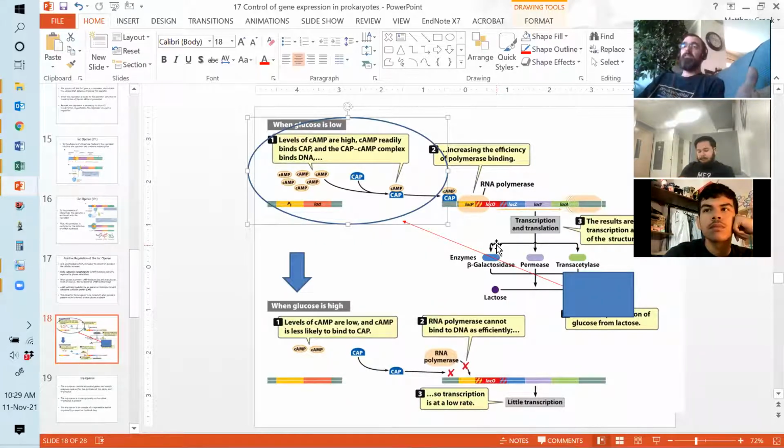This whole slide, this whole process isn't going to happen, right? So you got to keep that in mind too. That's the big switch on off or door open shut, whatever you want to use. But if lactose is present, then we need to figure out how much glucose is present to determine how much lac operon expression we need.